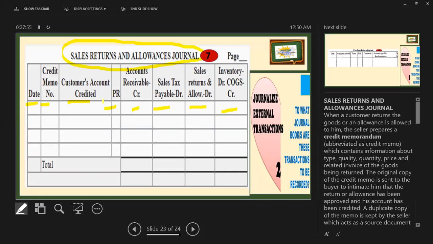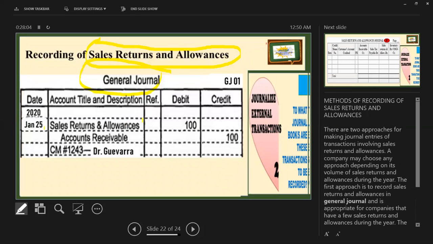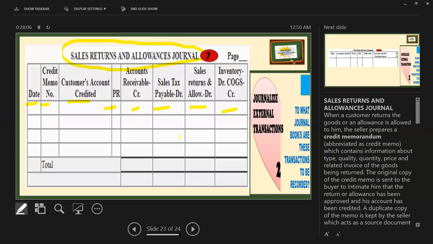So the usual entry for sales returns and allowances, as we have studied, is debit sales returns and credit accounts receivable. So you will see that here, accounts receivable is credited and sales returns and allowances is debited. But when a customer returns goods, of course you also re-record the sales tax for that sale. And if it's using the perpetual inventory system, you have to record the cost of goods sold being returned.